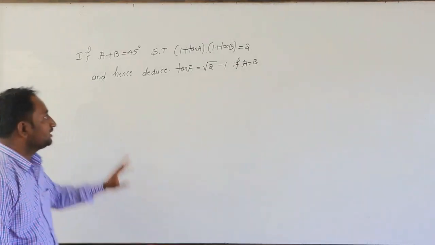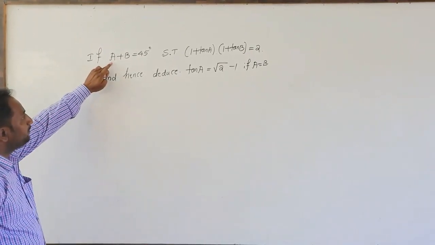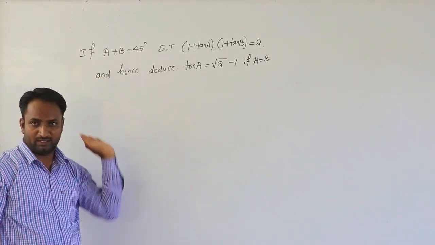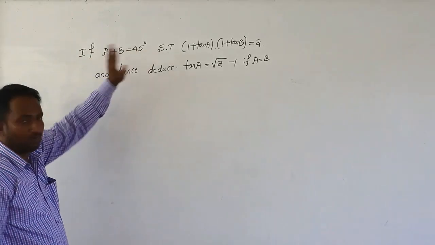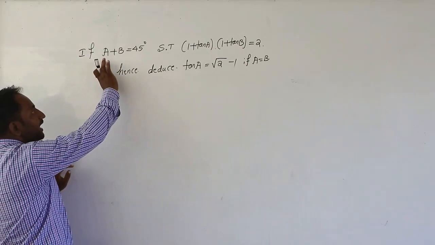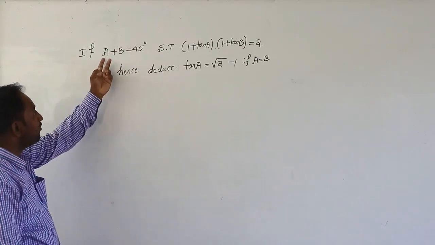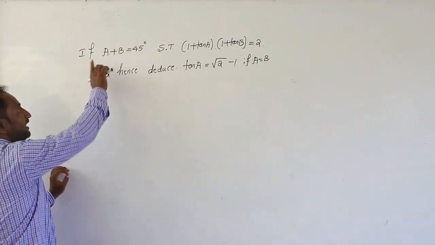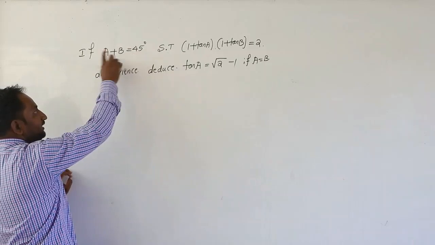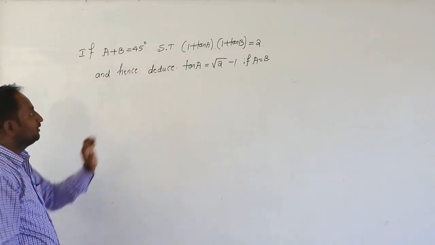Now we can start the next problem. If A plus B is equal to 45 degrees, suppose A and B are two angles whose sum is 45 degrees. Then angles A and B are acute angles.